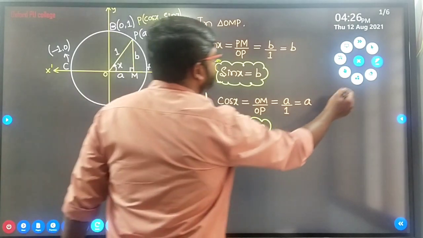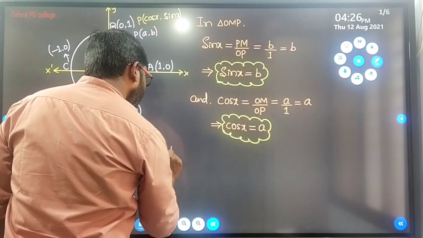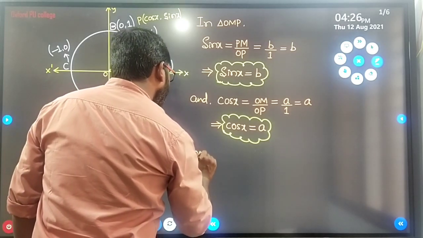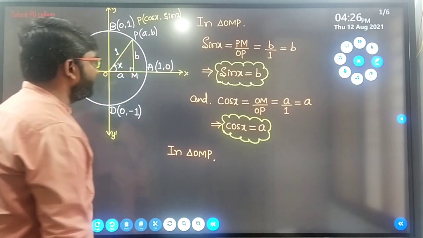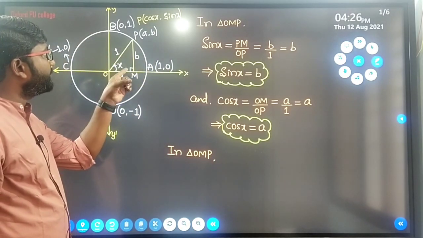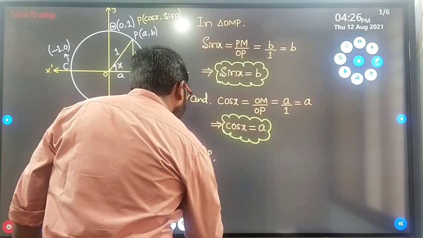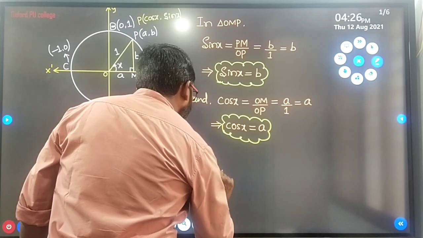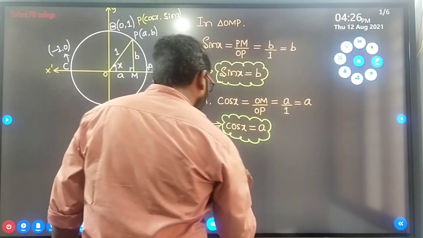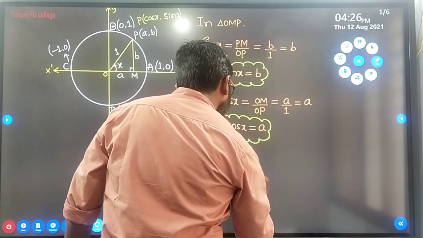In triangle OMP, OM square plus MP square is equal to OP square.